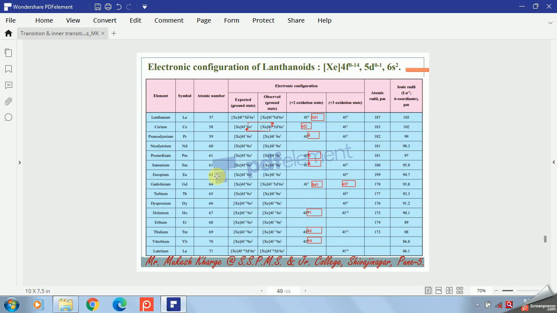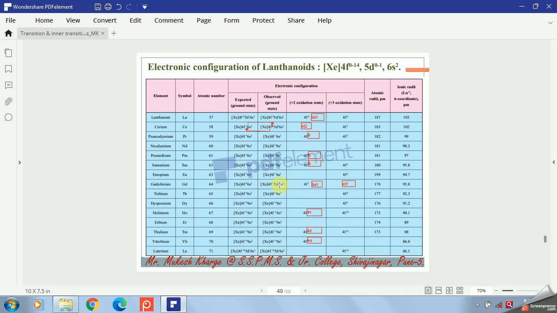Total capacity of 4f is 14 electrons. So as 4f contains 7 electrons, the electronic configuration of Eu2+ is xenon 4f7 and Eu3+ is 4f6.